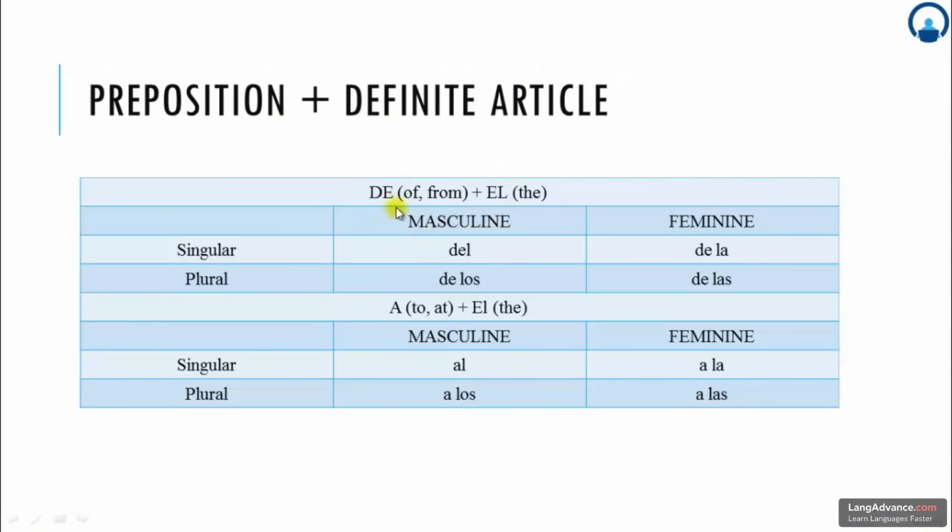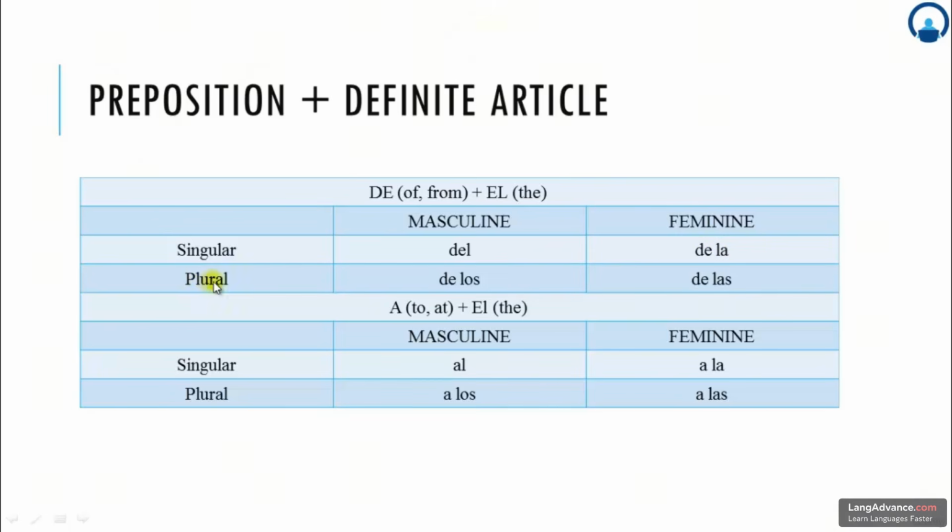We'll see that the preposition is de and the definite article is the. So when it is singular and masculine, de plus el becomes a combination and it is formed as del. If it is singular and feminine, it is de la. De is the preposition, la is the definite article the for feminine.